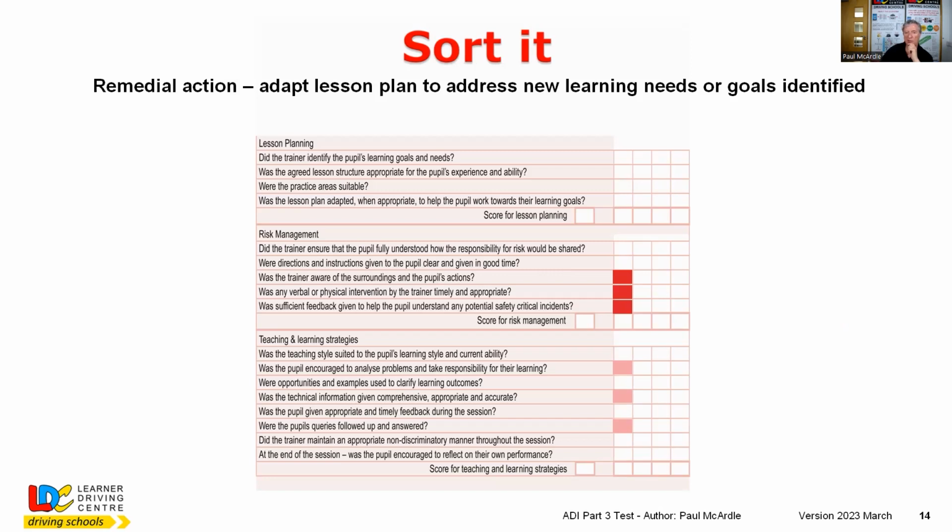So remedial action: adapt the lesson plan to address the new learning need. Well, clearly you're not going to adapt the lesson because you haven't seen the problem in the first place. So all of a sudden now that's -3. So that's 0. And then because this learning need, which is a safety critical fault that's occurred, is obviously a learning need, something needs to be done so the student learns something to make sure that in future they don't continue with that.